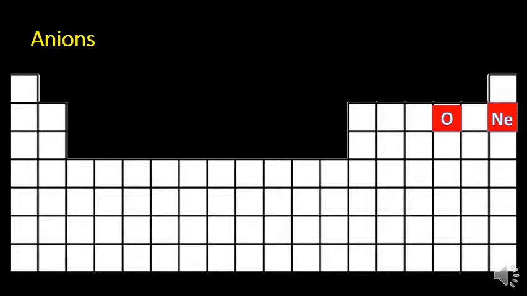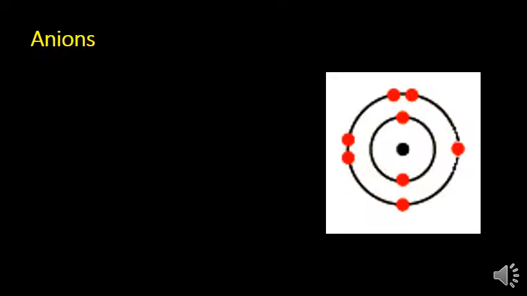Let's take a look at oxygen. How many electrons does oxygen have? Well, it has 8 electrons. How many does neon have? Well, it has 10. So for oxygen to think it's like neon, it's going to need to gain 2 electrons. So let's look at the oxygen atom.